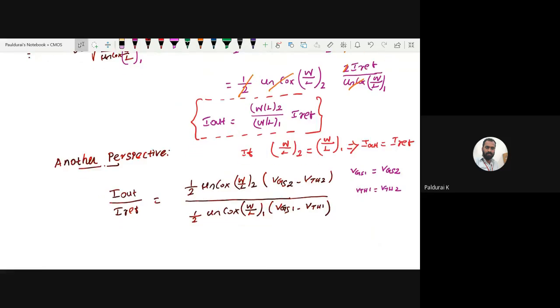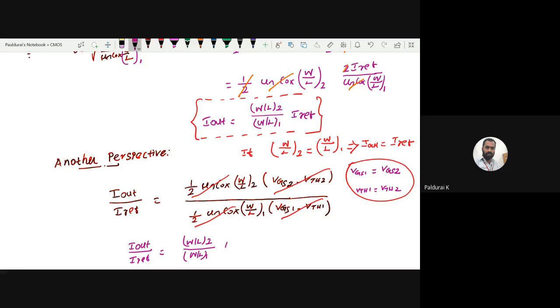Now what will happen? The half mu n C ox and half mu n C ox get cancelled. VGS2 minus VTH2 and VGS1 minus VTH1 are equal. So you end up with I out by I reference equals the width to length ratio of the second transistor to the first transistor.